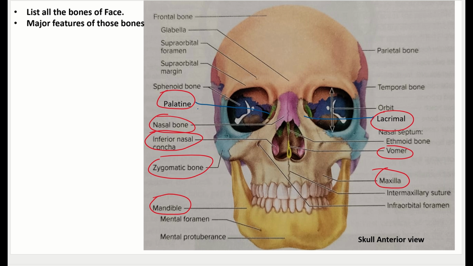So these are the different features of the bones of the face.